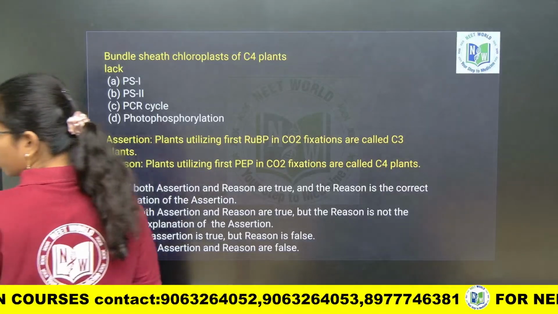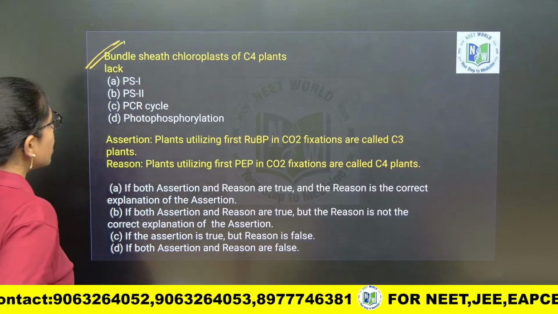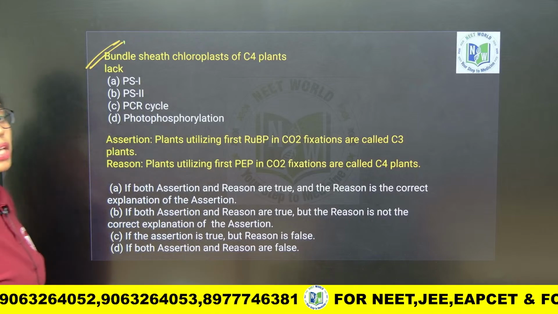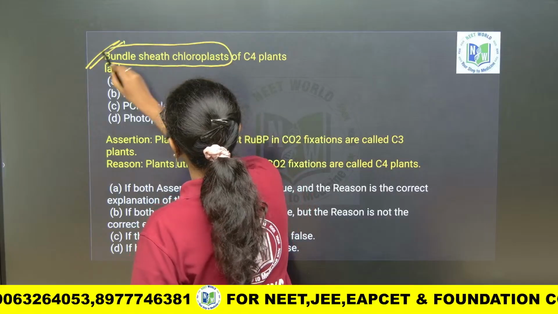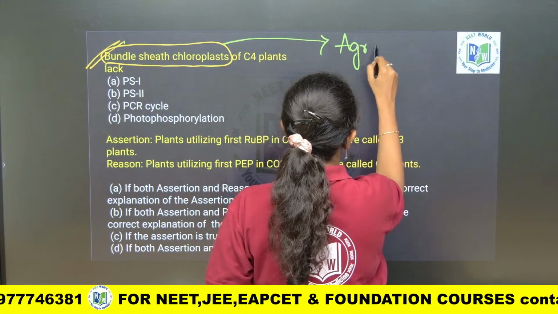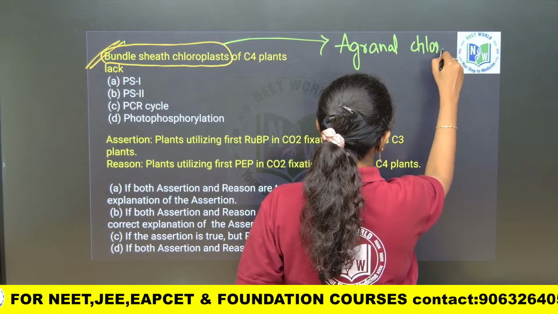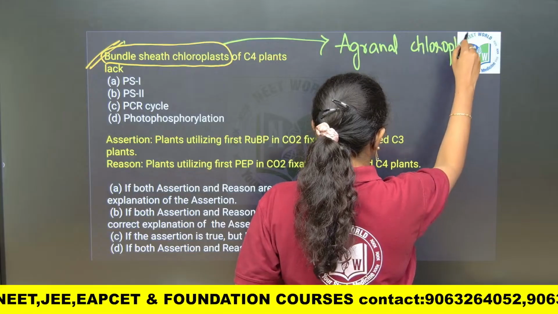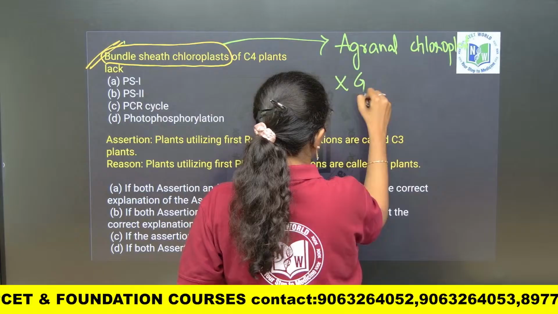Bundle sheath chloroplast of C4 plants will lack what? We all know bundle sheath chloroplasts are called agranal chloroplasts. This agranal chloroplast will not have grana.